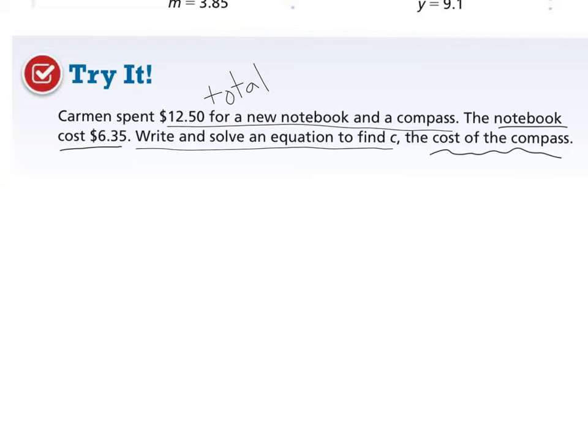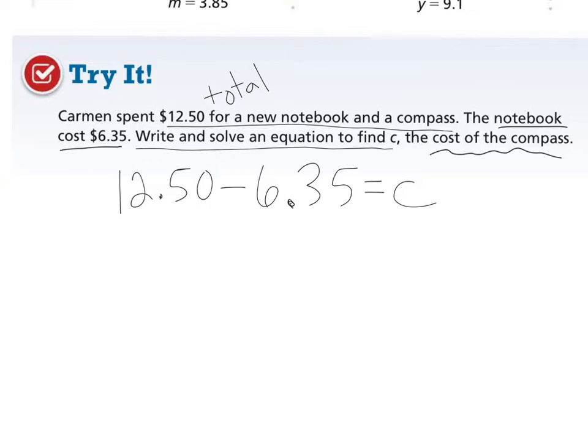So a couple ways we could write our equation here. One option, we could say our total cost, $12.50 minus $6.35 equals C. Even though this isn't how we would write the problem to work it out, if we're writing an equation, we want to write it horizontally.